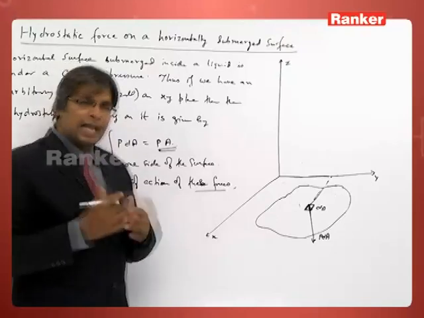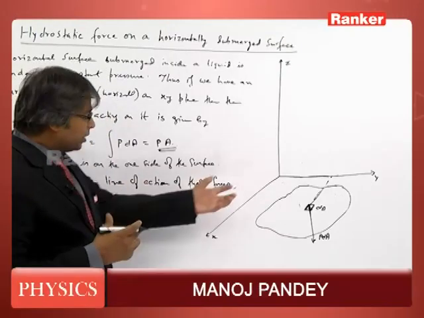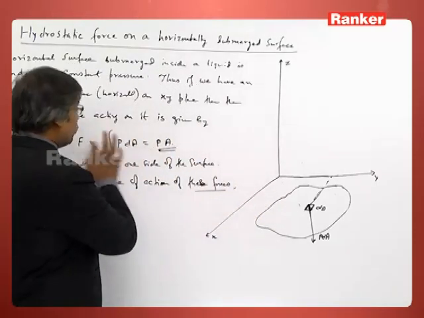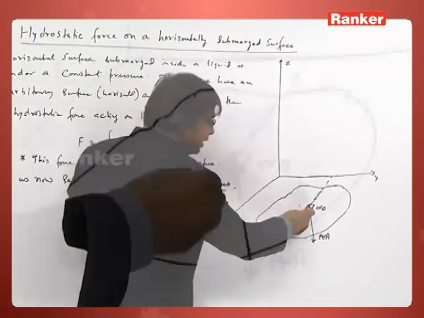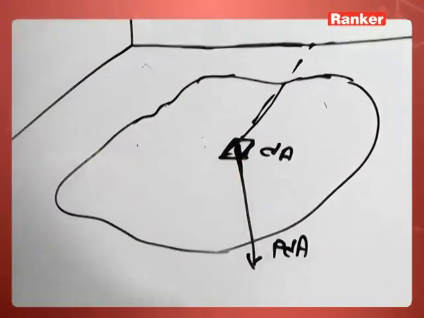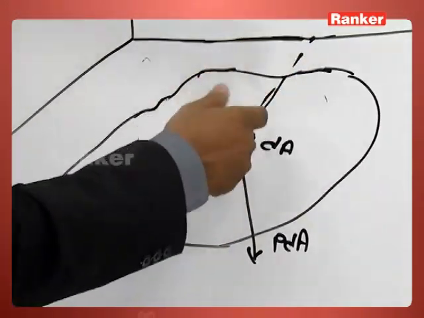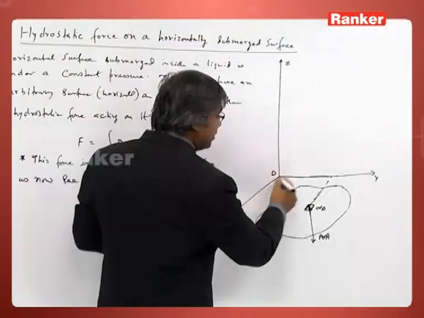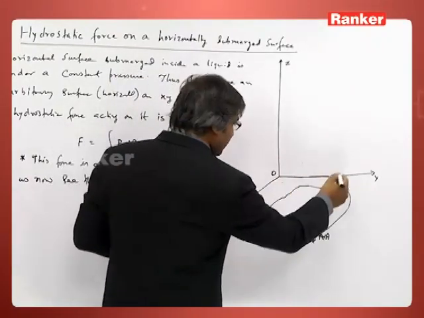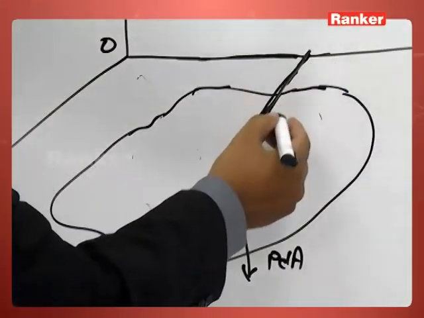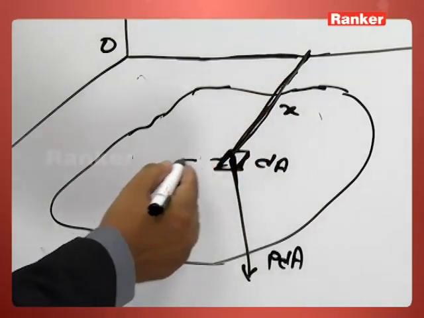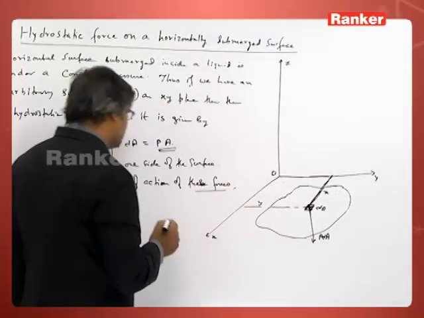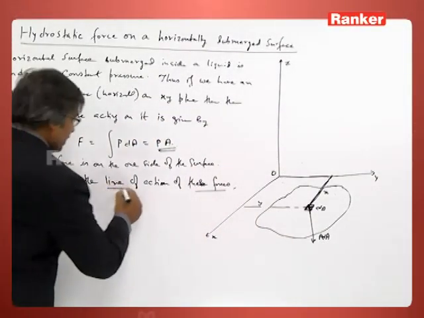So what I mean by the line of action of a distributed force system is that if I denote the total force as PA, from which point it should act so that it produces the same moment about any line. So suppose I take that line OY. So this distance becomes X. This is the X coordinate and this is the Y coordinate of this elemental area.